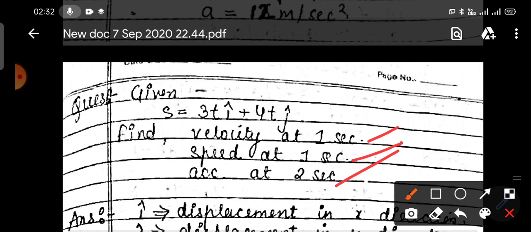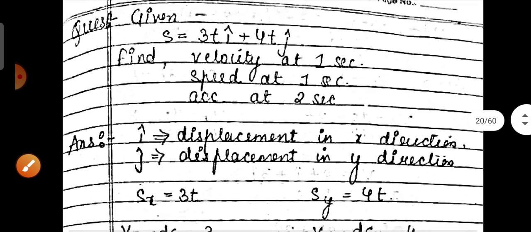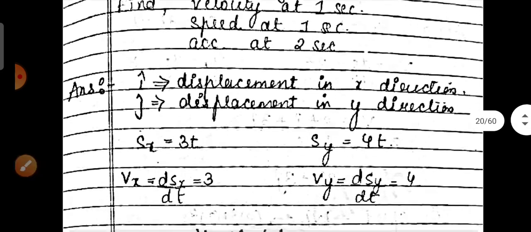So how to find out? First we'll differentiate this equation. So ds by dt means velocity. So from there we will get the velocity. And acceleration, again if you differentiate the velocity, then we will get the acceleration. Correct? So first we break it.